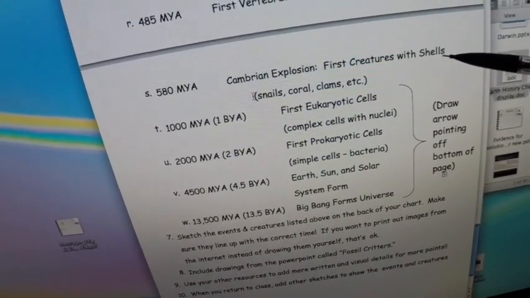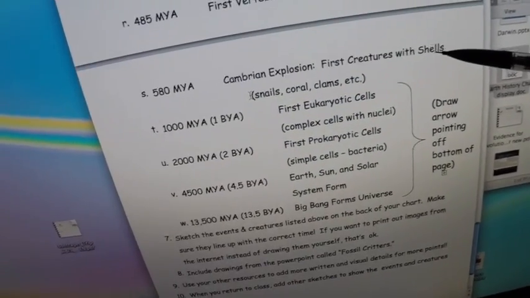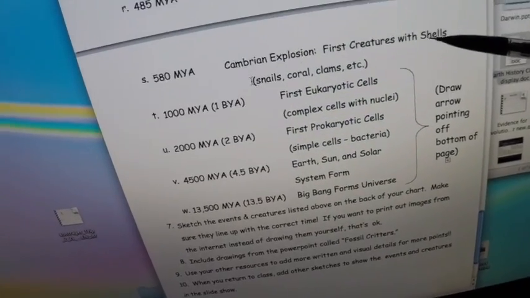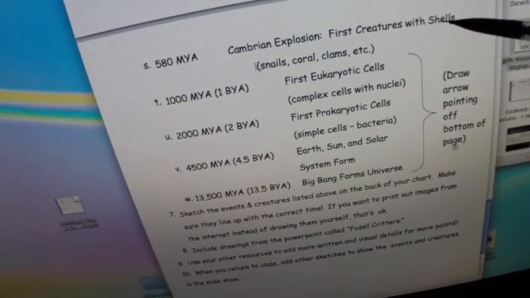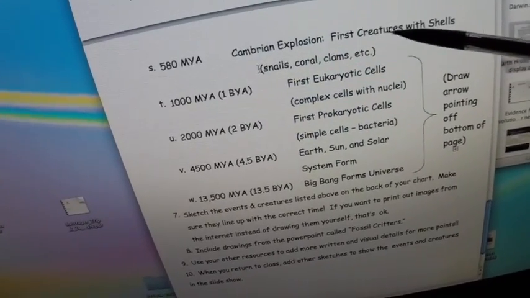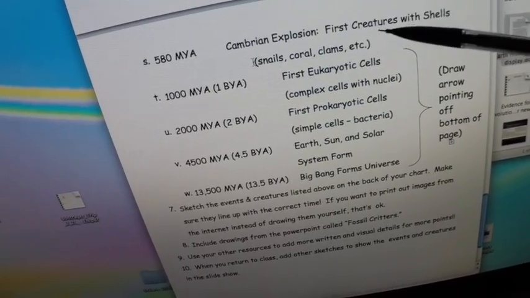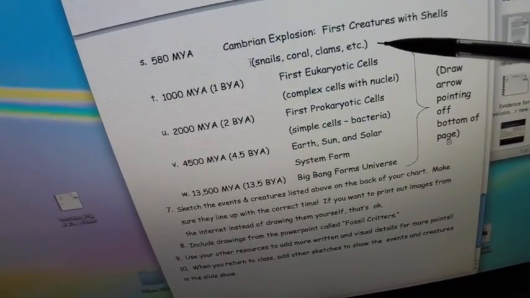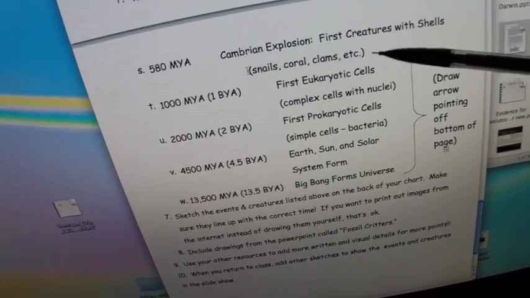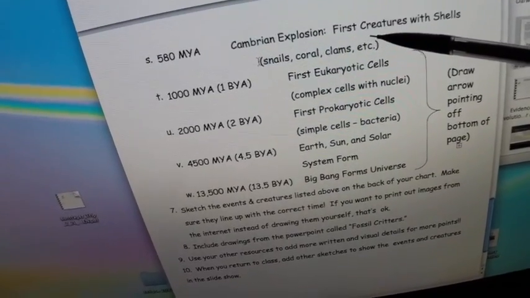All of a sudden we start getting a ton of fossils that we weren't seeing very many of before, because before that time they only had soft body parts which wouldn't fossilize very well. So it seemed like an explosion of life when we got all these shells, things like snails and coral and clams. They had hard body parts that could fossilize easily, and it almost seemed like they came out of nowhere.